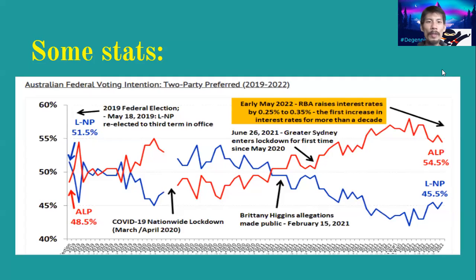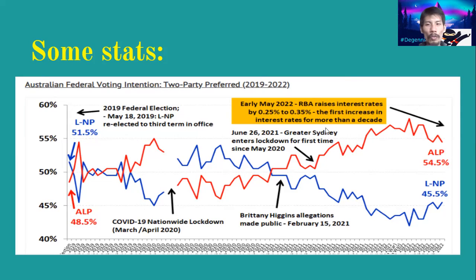Here are some statistics from the last 3 years since the last elections. In the two-party preferred polls, back in 2019 when LNP, the Liberals, won the elections, support was around 51.5% of all voters, and ALP was around 48.5%.